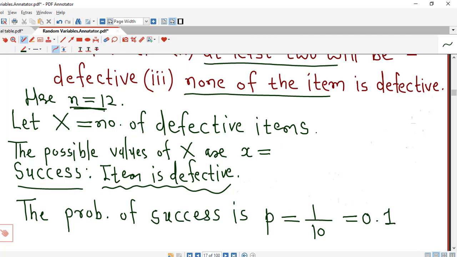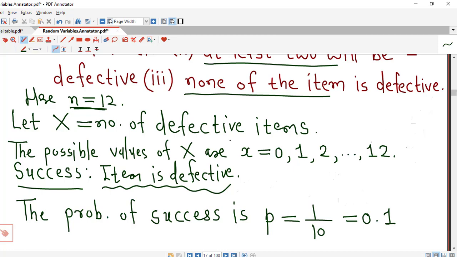There is a possibility that out of those 12 items no item is defective, that means x can take value 0. There is a possibility that only one item is defective, that two items are defective, and so on, up to the possibility that all 12 items are defective. So the possible values of this random variable are x equal to 0, 1, 2 up to 12.